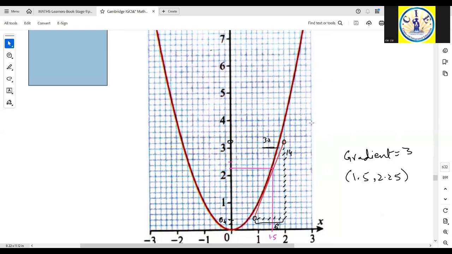The point at which the gradient would be negative 3 is going to be simple. The reflection of this x coordinate, that means it would be negative 1.5 and 2.25. That would give us a gradient of negative 3.